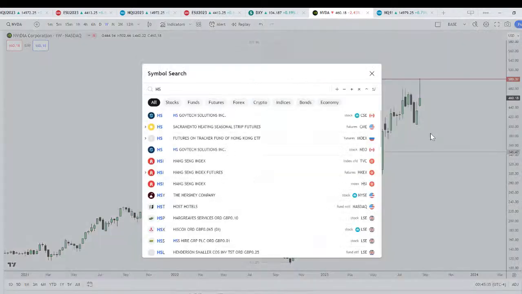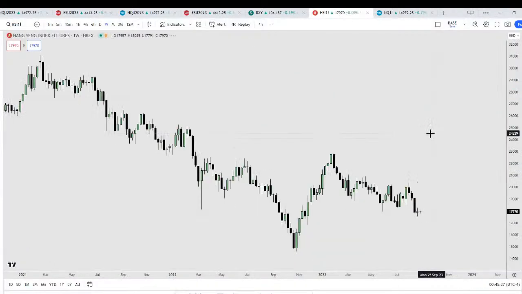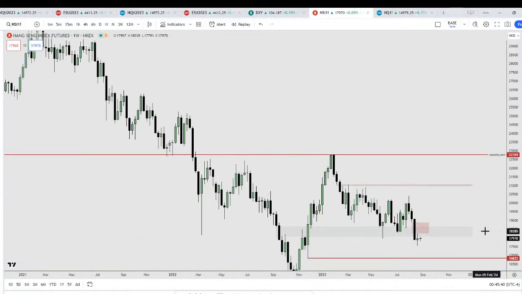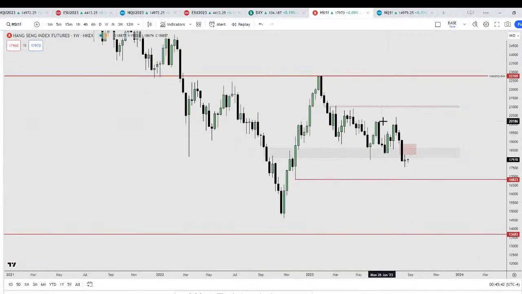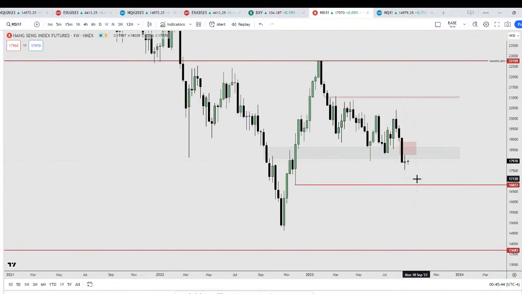Start off with HSI. As anticipated, HSI performed exactly to script. Right now, what I'm looking at is this bearish fair value gap here, and that's within the BPR as well. So why am I using this BPR? Same thing. It was used to send the price lower to take out the sell stops, and then traded back up.